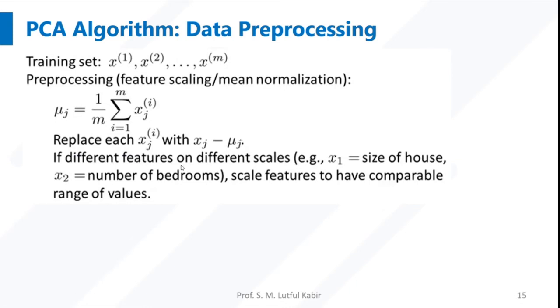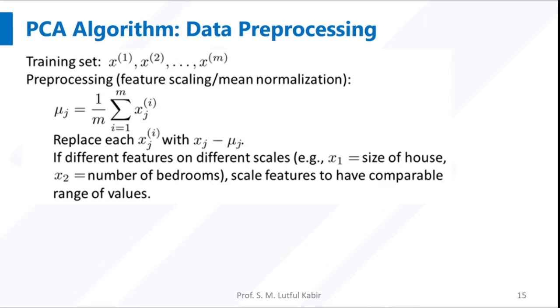If the different features are on different scales, for example, x1 is the size of the house and x2 is the number of bedrooms, you have to scale down or scale up so that all are in a comparable range.